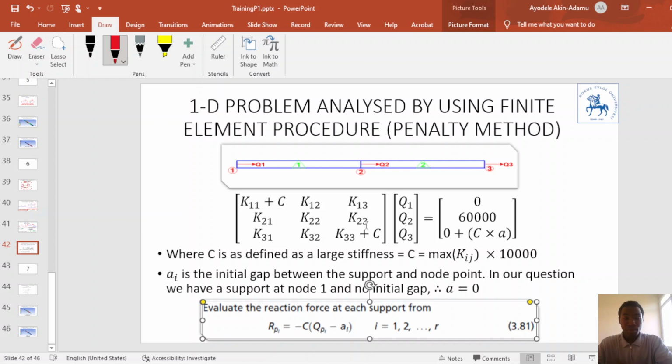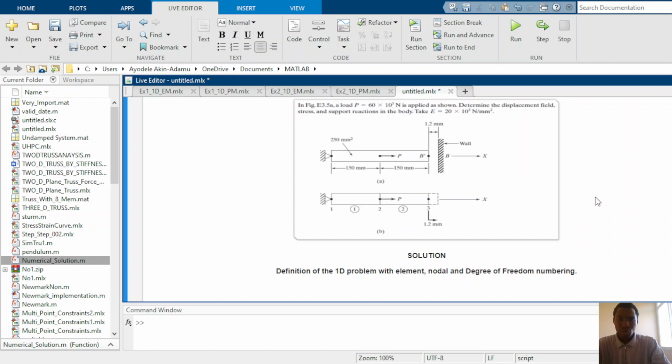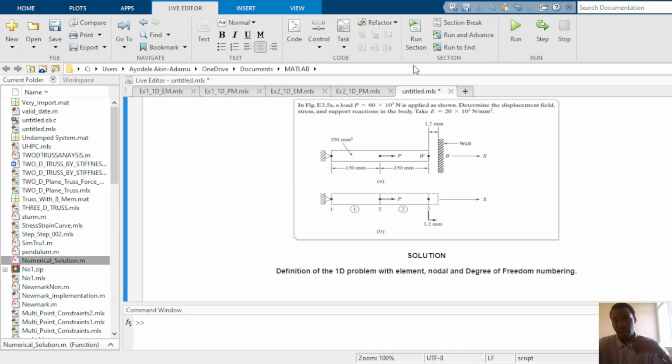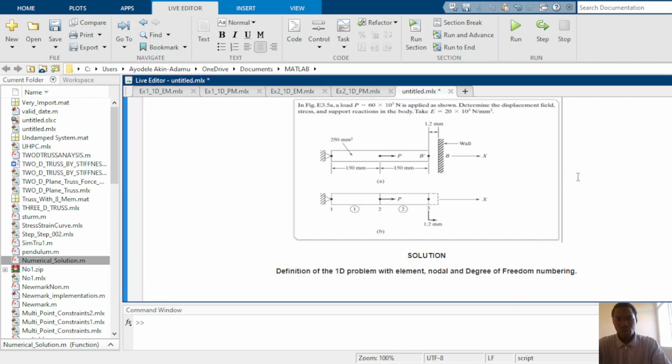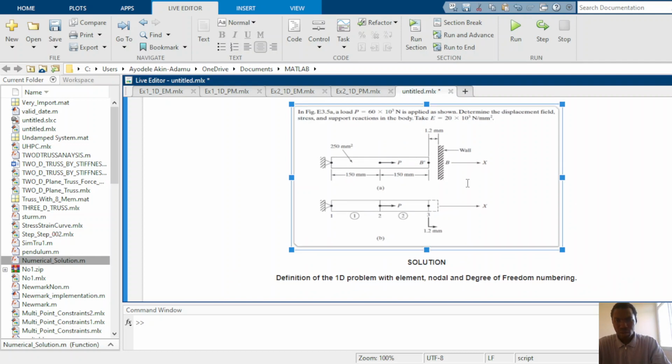Let us move to the Matlab working environment now, where we'll see the solution to this problem using the finite element procedure. As usual, I've already created a live script which I use to solve this problem. So this is the question.